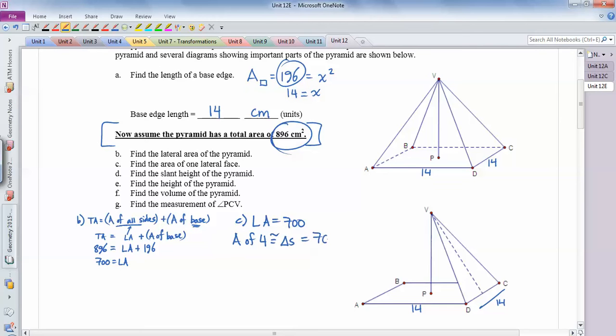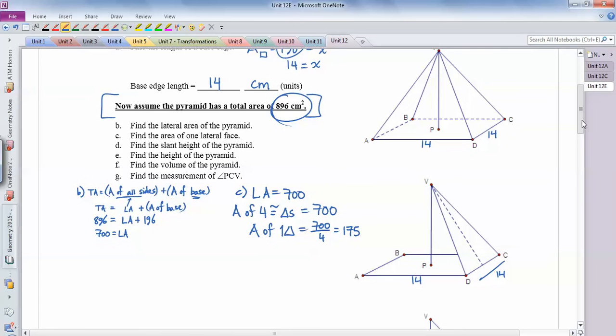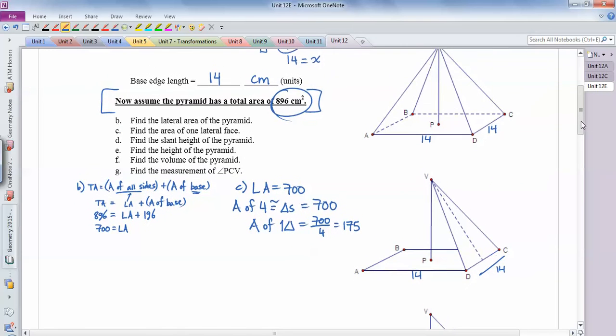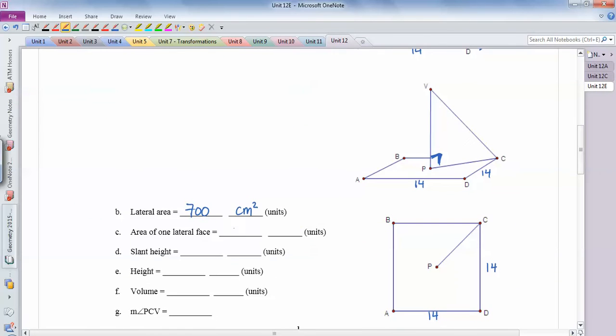So if I just wanted the area of one triangle, that's going to be 700 over 4. And if you figure that out, you get 175. So the area of one triangular face, one lateral face, is 175 centimeters squared.